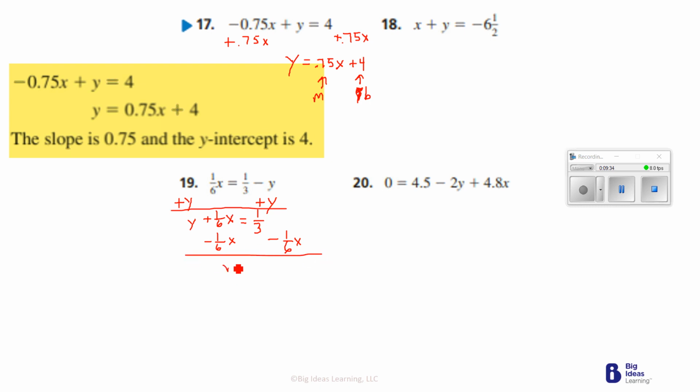This will give me y equals 1/6x plus 1/3, which tells me the 1/3 is my y-intercept. And my slope is 1/6.